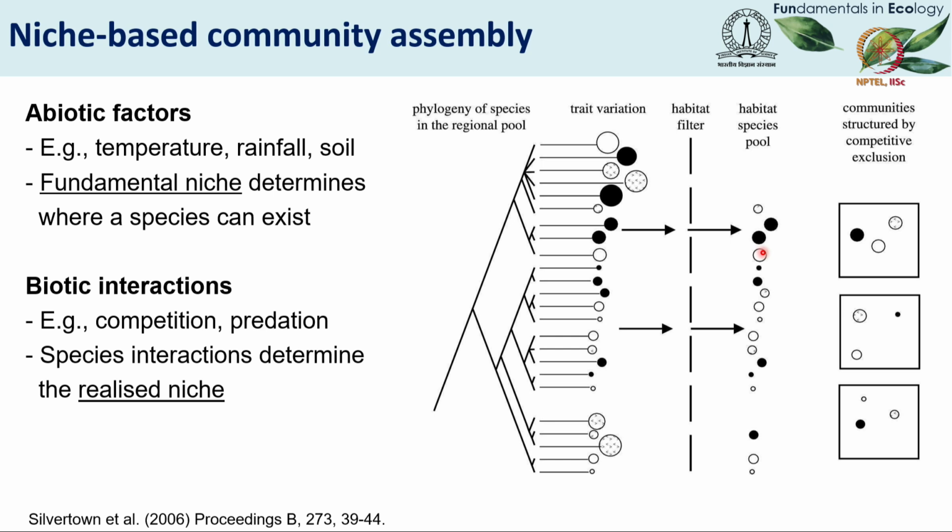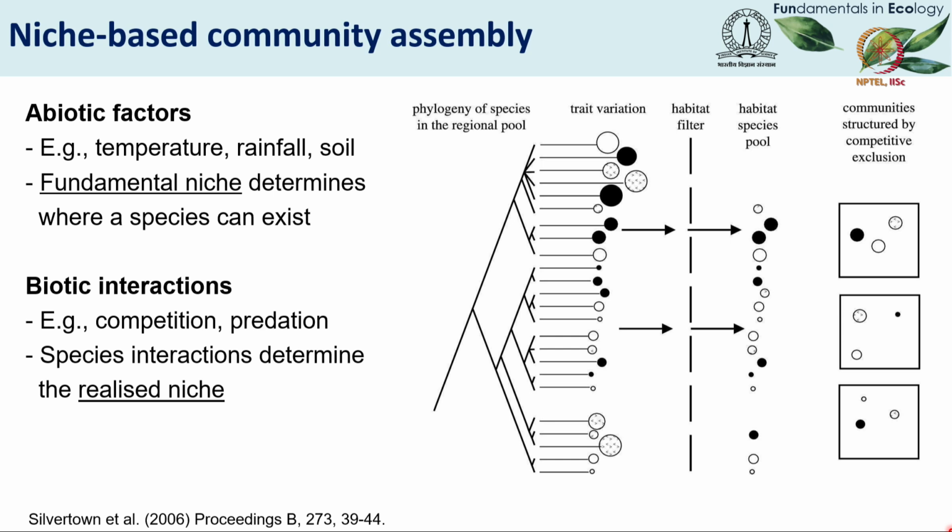They should potentially competitively exclude each other. And so what you get in the actual co-occurrences of species, as a result of competition and competitive exclusion, is a local community represented by 1 species of herbivore, 1 species of omnivore, and 1 species of carnivore.